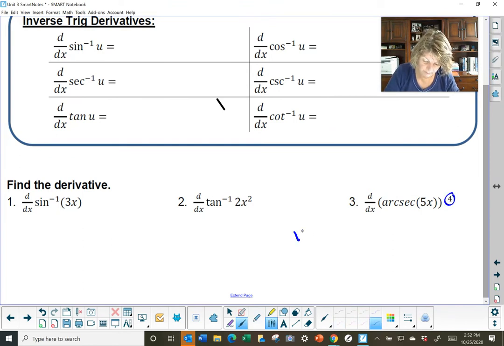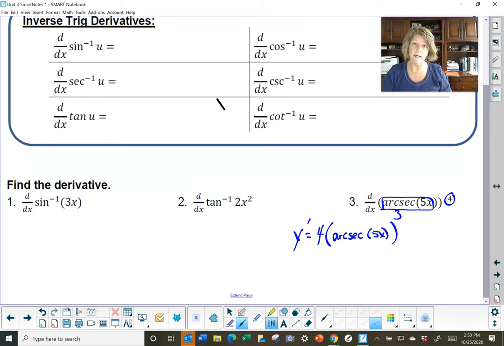So this derivative, I'll just say y prime equals 4 comes down, changes to a third power. The inside piece, which I've got like f of g of h, the g of h stays the same, and this would be my inner two functions. So I'd have arc secant of 5x remaining inside.